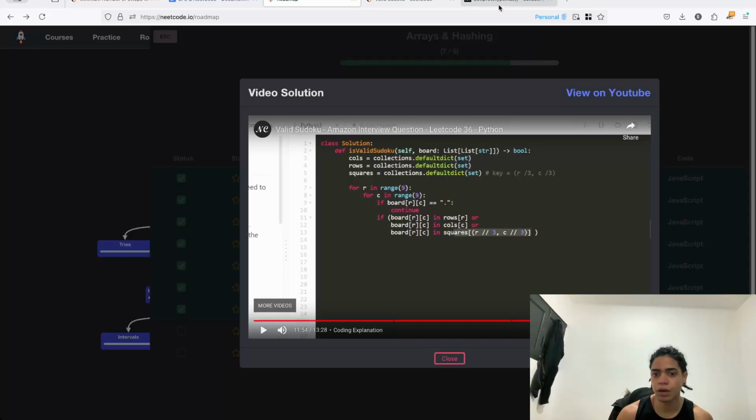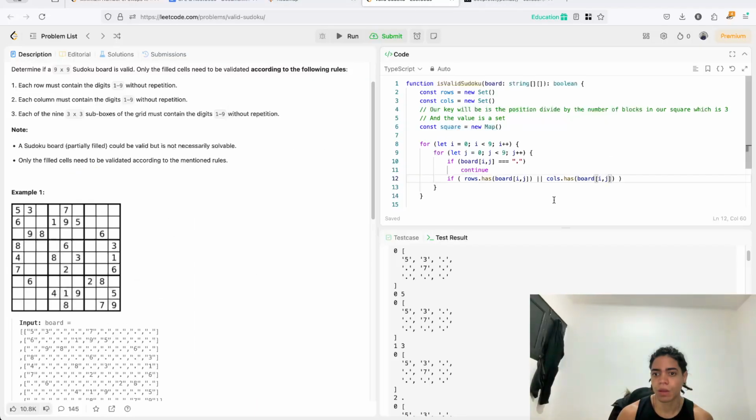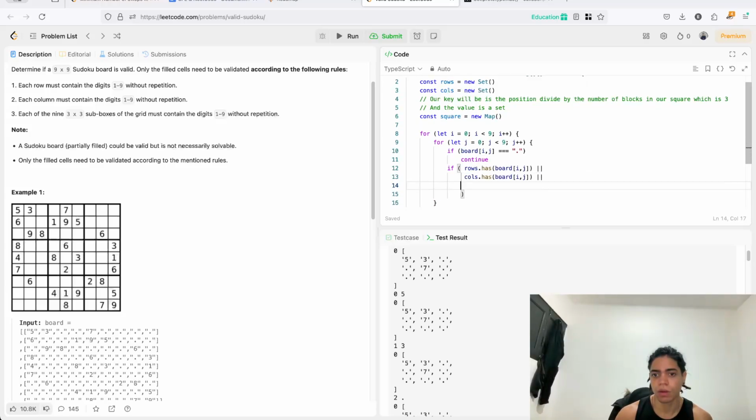The row and the column. The square has that position on the board.